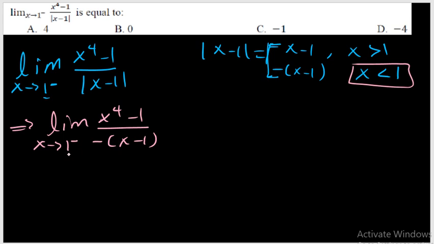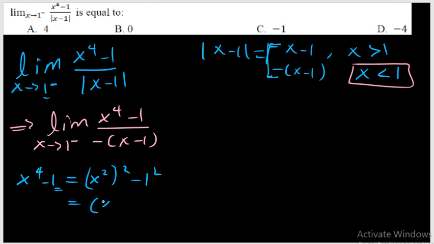Here again direct substitution doesn't work, it will give us 0 over 0, so we need to factorize the numerator part. So the numerator part, x to the power of 4 minus 1, can be written as x square minus 1 square. You know, 1 and 1 square are the same, but x to the power of 4 can be written in this way.